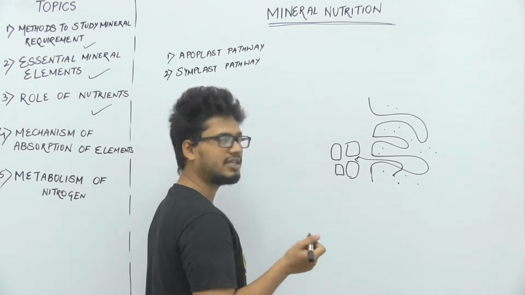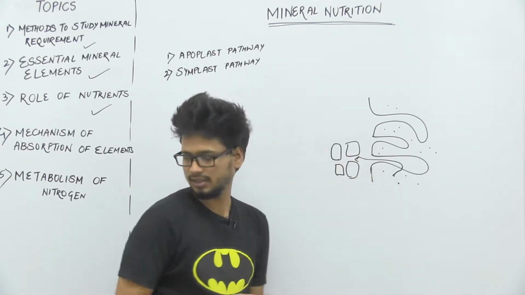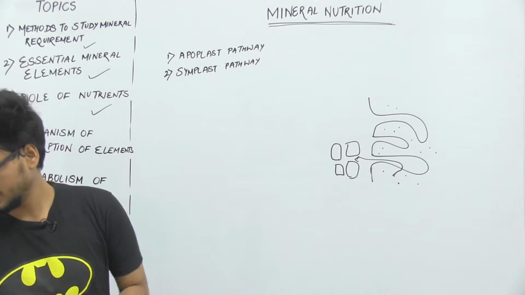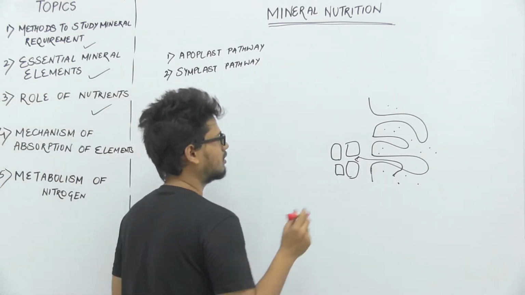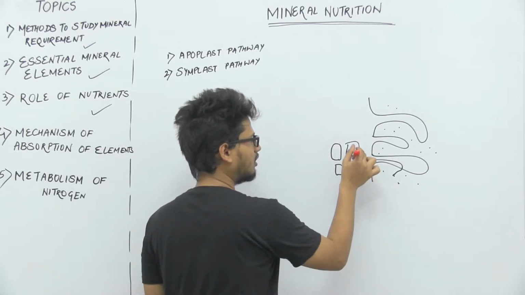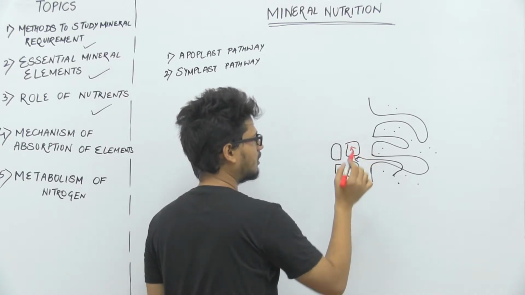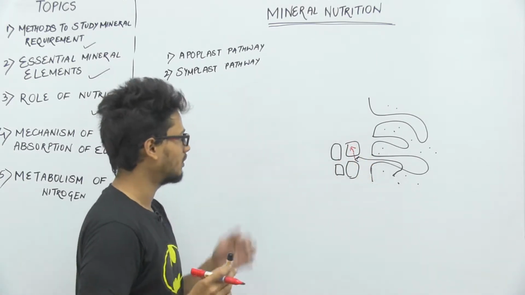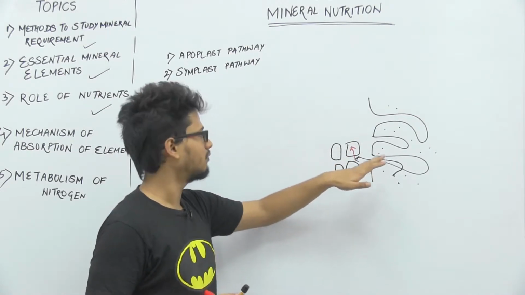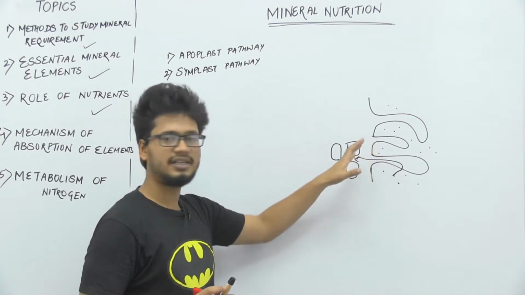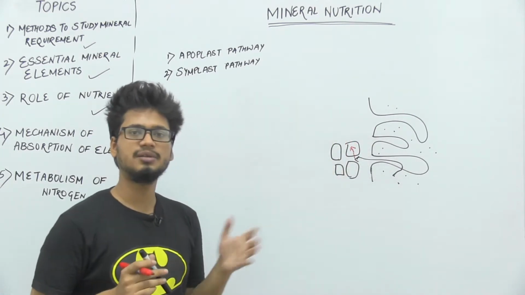But next step जो होता है, which is important, which is the symplast pathway. In symplast pathway what happens is the cell will move these minerals from the apoplast pathway या intercellular spaces से लेके वो inside the cell के रास्ते से वो उसे xylem तक पहुंचाएगा.